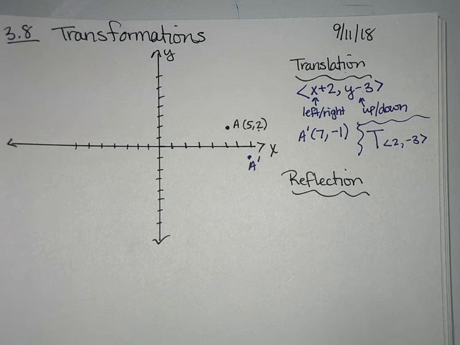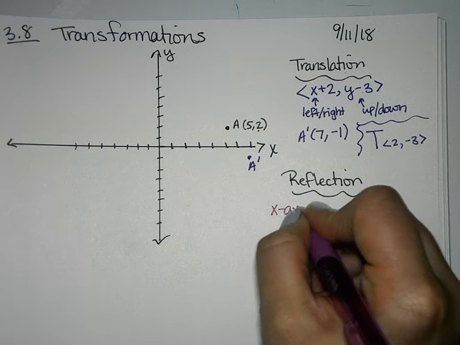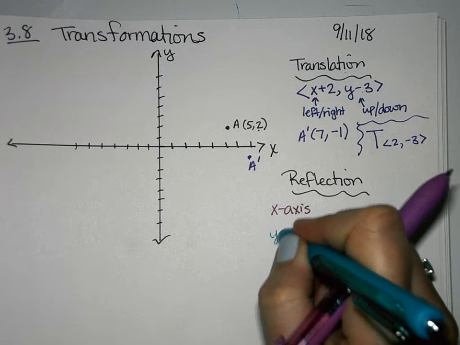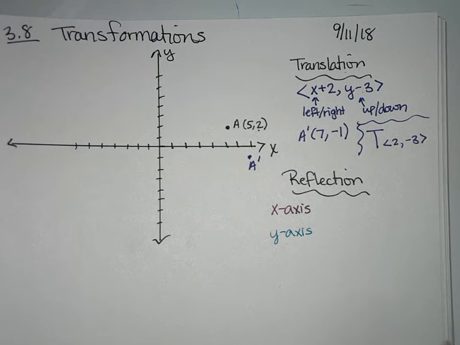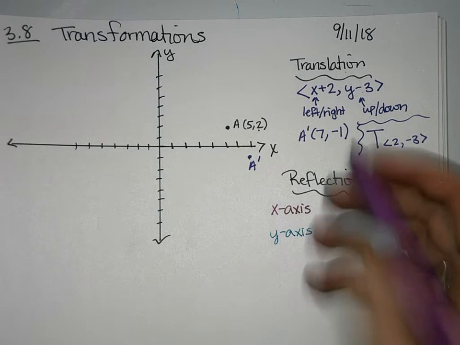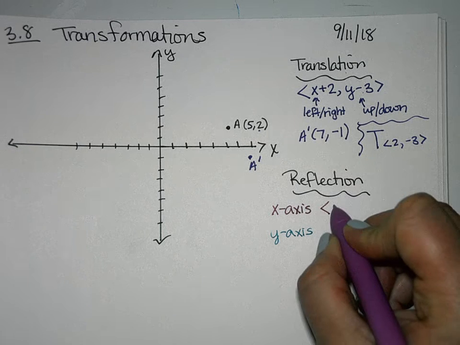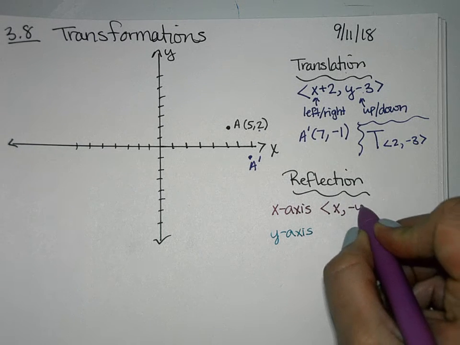Okay, we also have reflections. Now we have two kinds of reflections. We have a reflection across the x-axis, and we have a reflection across the y-axis. So a reflection across the x-axis has the rule of x comma negative y.